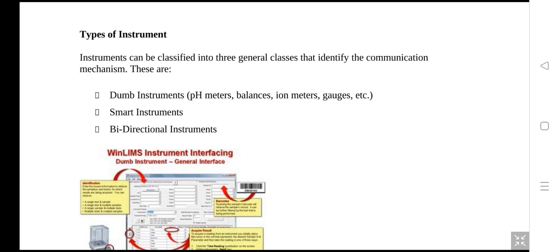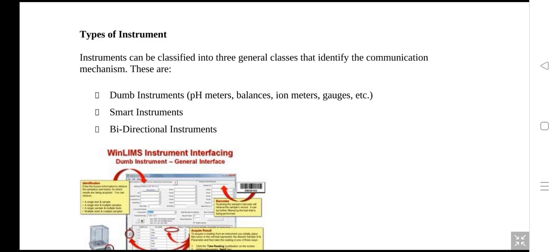Now, the types of instruments. We're talking about digital instruments, and I was trying to compile some of those. Digital instruments can fall into three basic classes. There is the dumb instrument, like balances, ionometers, gauges, and so on.